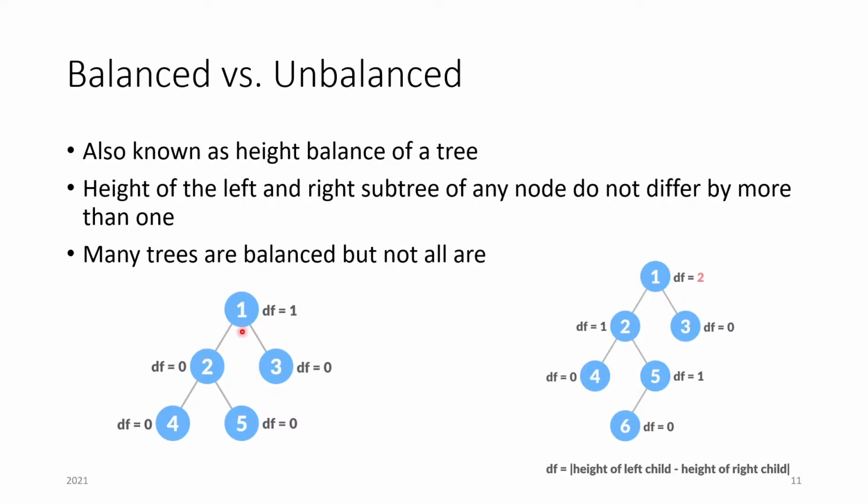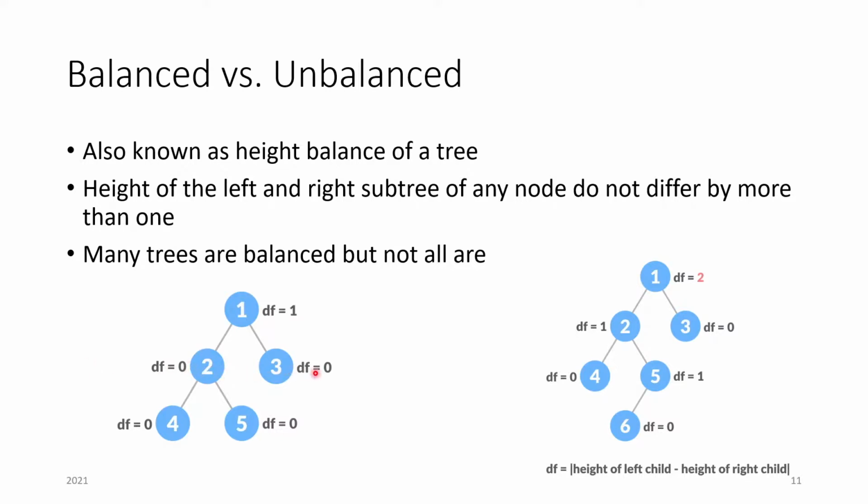A good way to see this is on the left hand side here, which is a balanced tree, and then we'll work on the right hand side, which is an unbalanced tree. So df here is going to be the difference in our levels. Here 1 is our root node, and then we have our left subtree and our right subtree.